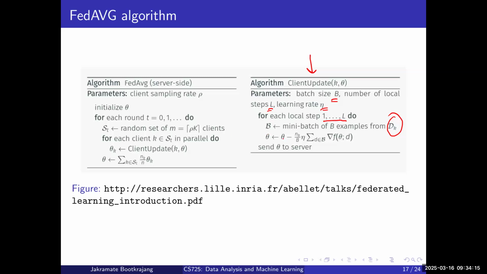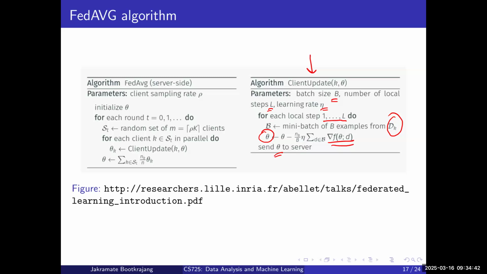And then we update the weight using the gradient of the loss function. So when you update the weight of the client, you send this weight to the server. So that is what the update function does.